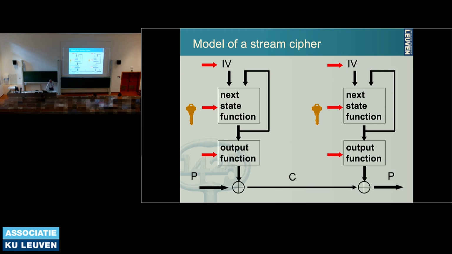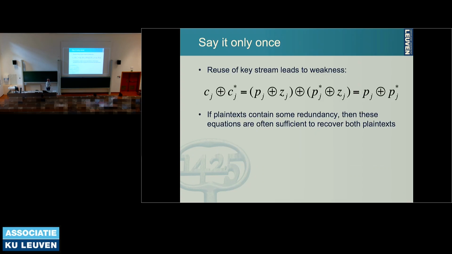And if you look at two different ciphertext bits that were XORed with the same key bit, you actually cancel the key bits and you get the XOR of the plaintext bits.